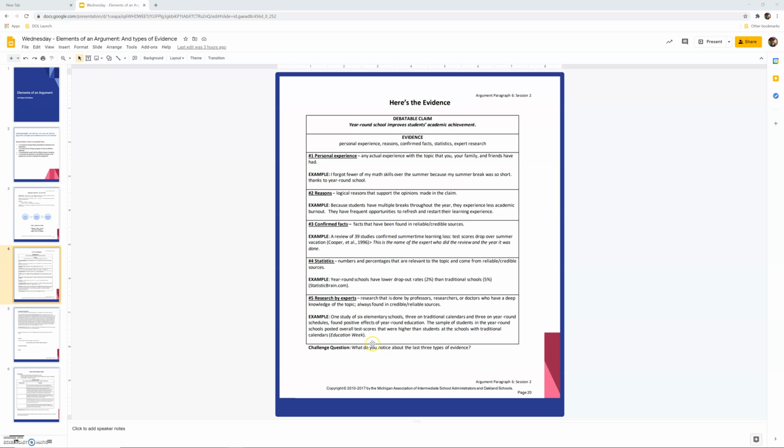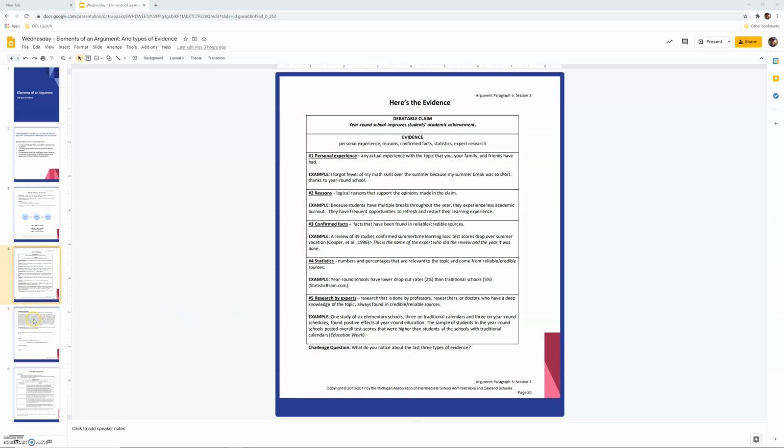So that is just showing that these studies yielded the results that they were looking for, that year-round education benefited these students. And when we look back to our debatable claim, year-round school improves students' academic achievement, it's easy to see that this little piece of research by experts goes a long way in proving the point that we're trying to make.